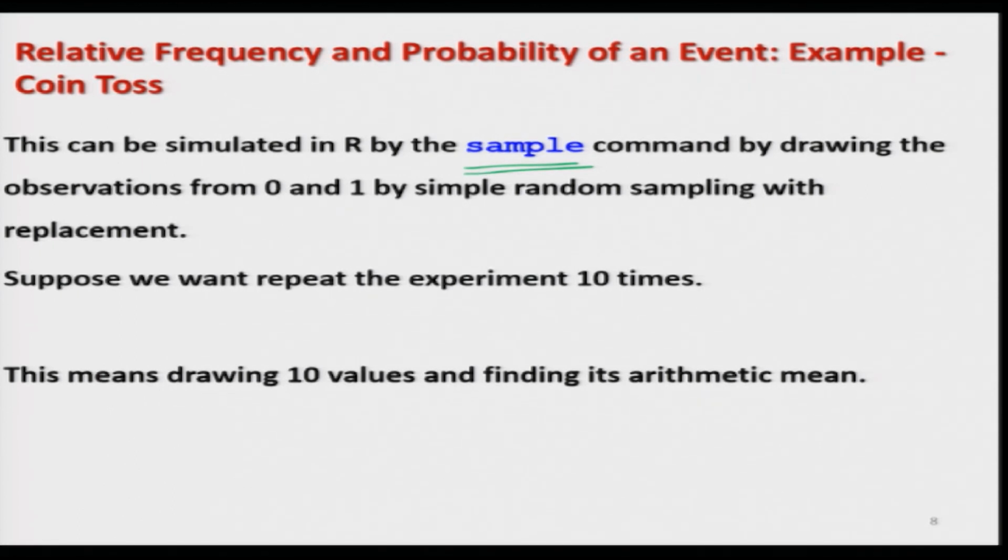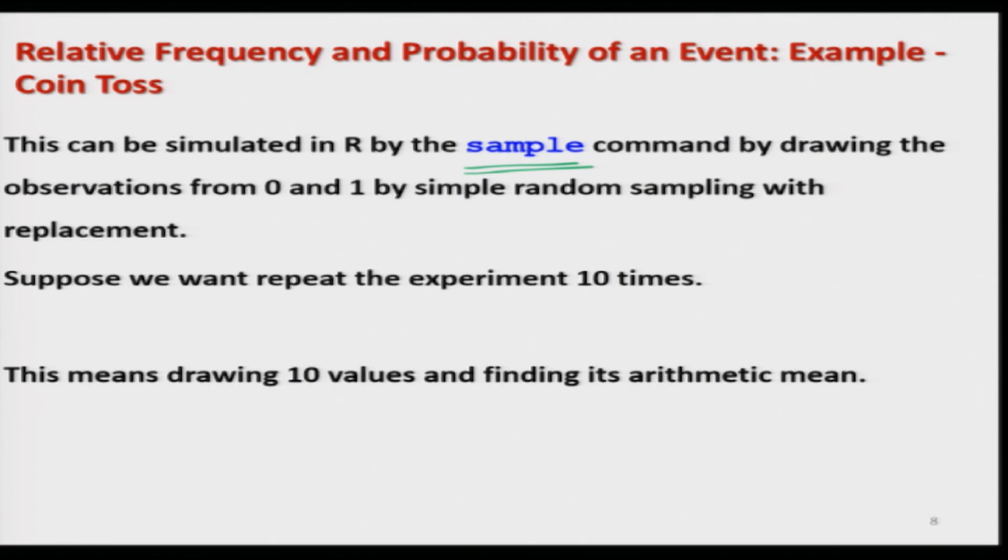And when you repeat an experiment, you always say this is a random experiment. Whatever the outcome is, it is not going to be known unless the experiment is conducted, right. So, when we conduct this experiment by indicating head and tail by 0 and 1, then we can draw different numbers of zeros and ones from the R software using the sample command, right.